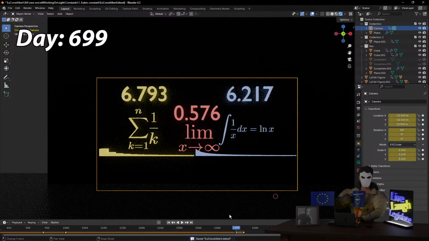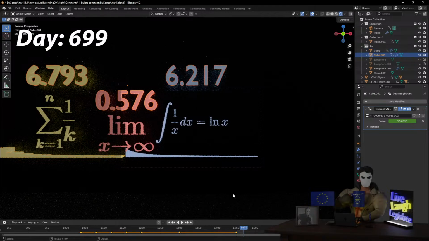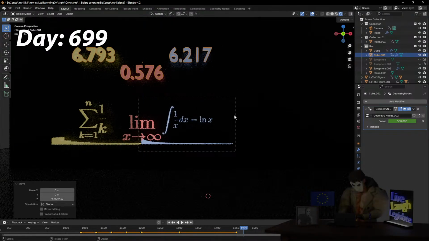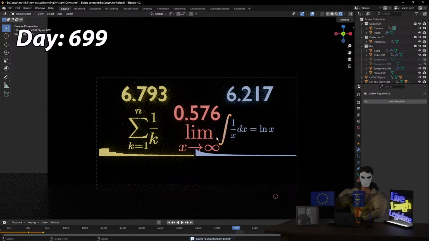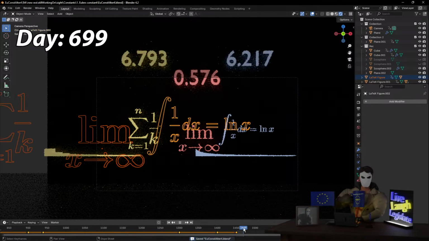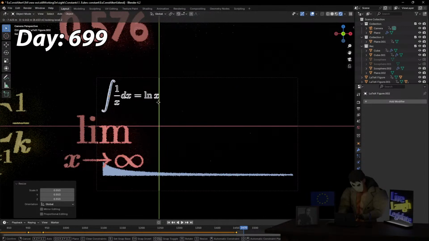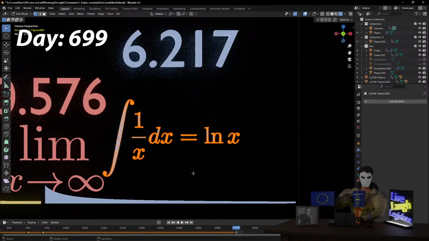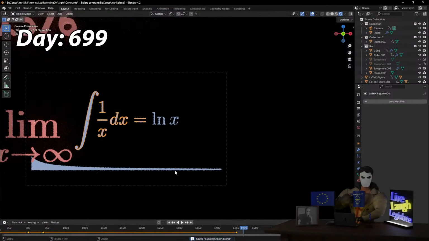There we go. Now we take these two. We tell the top one to go off to the top, the left one to go off to the left. And then right here, what we do is we take all of these. Why isn't this combined together yet? We take all of these, we keyframe them, we move right here. Actually, no, that's wrong. Let's separate this off because we won't need the integral. And let's also tell the integral to go away.